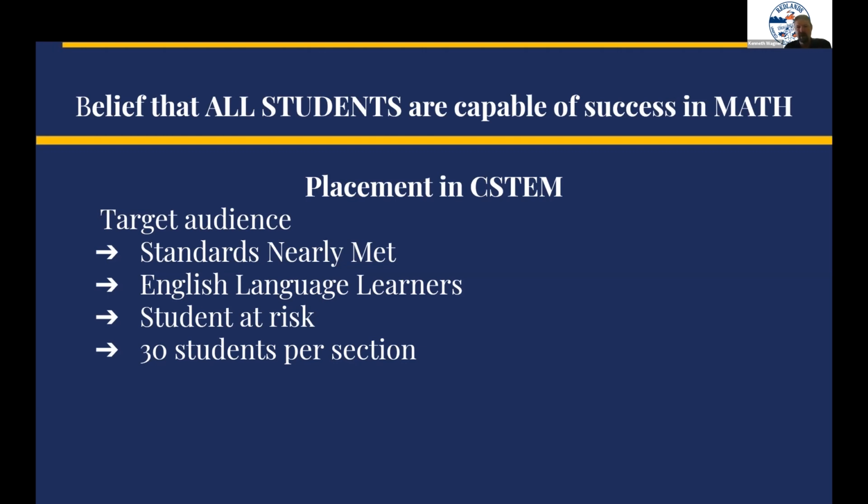So what started out to be a program for more of our at-risk populations to re-engage, really the re-engagement was more of a priority. And we still target struggling math students, but in those same classes are a mixture of kids who really are more engaged in computer science. Therefore, we are also teaching them math at a high level. And the team of kids working together really creates a successful environment.